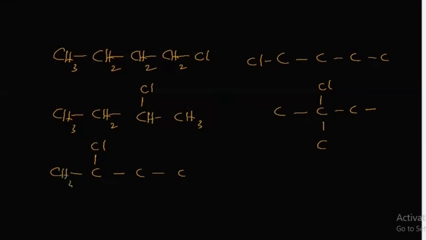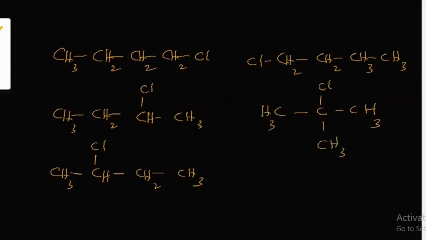Okay, this is CH3, this is CH3, CH2, bonded with 3, one more hydrogen, then CH2, CH2, CH2, CH3. This is CH3, this is CH3, this is CH3. Now look at the different possibilities. You may draw some more structures as well, but look at these possible structures.